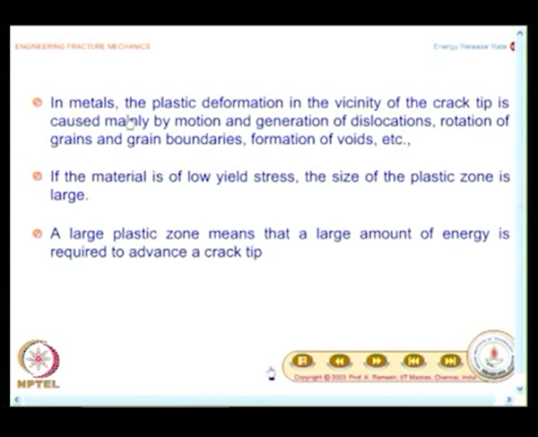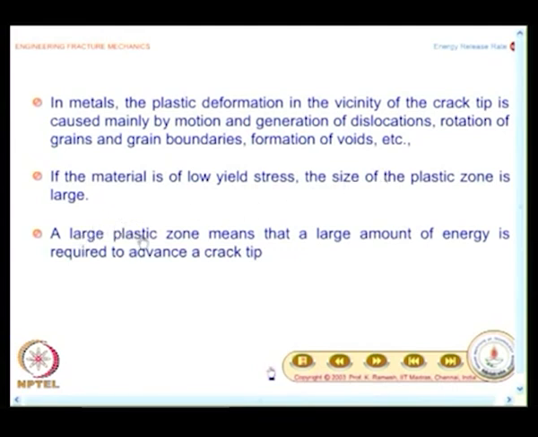So, in the case of metals, the plastic deformation in the vicinity of the crack tip is caused mainly by motion and generation of dislocations, rotation of grains and grain boundaries, formation of voids, etc. If the material is of low yield stress, the size of the plastic zone is large.